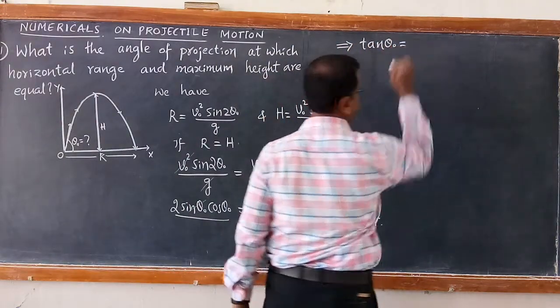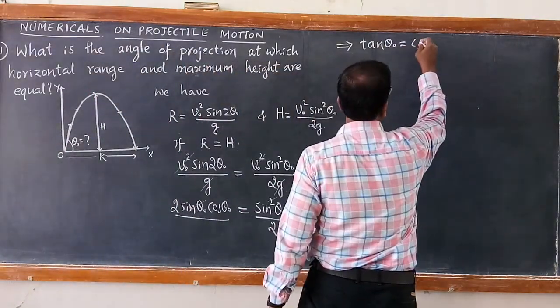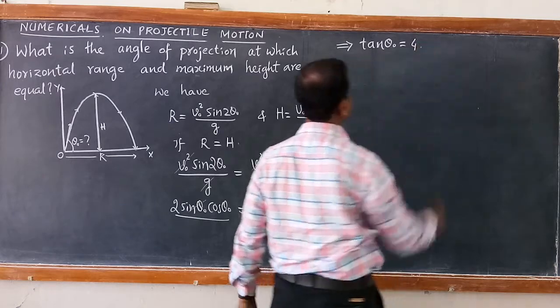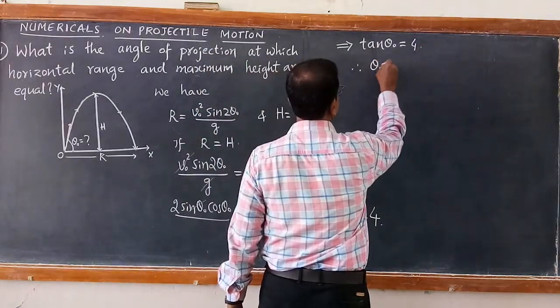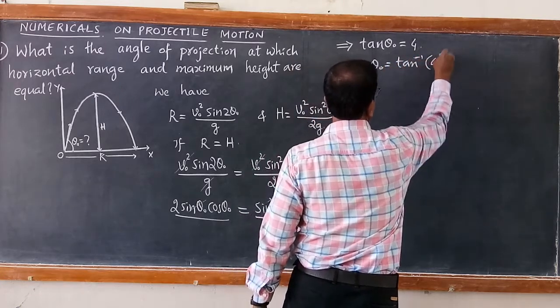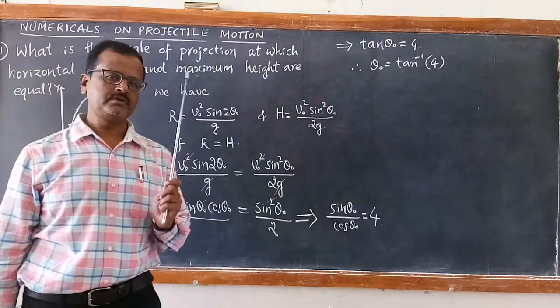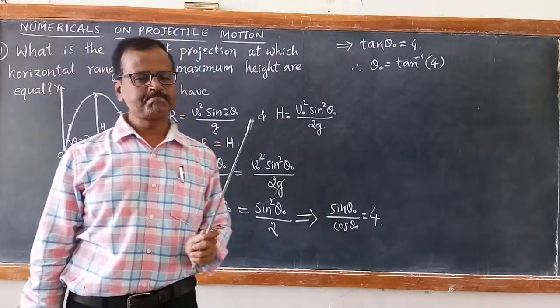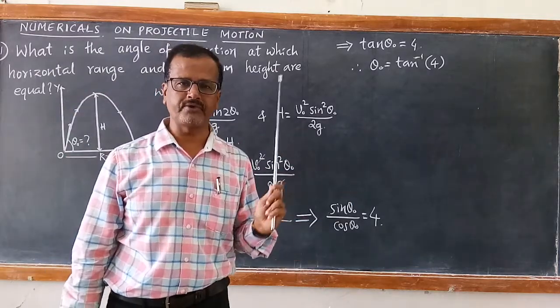So from this we can find out the value of theta naught. Tan theta naught is equal to 4. Therefore, theta naught is equal to tan inverse of 4. Tan inverse of 1 is 45, so tan inverse of 4 will be definitely more than 45 degree.